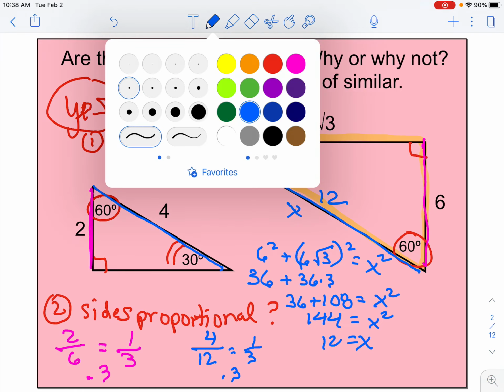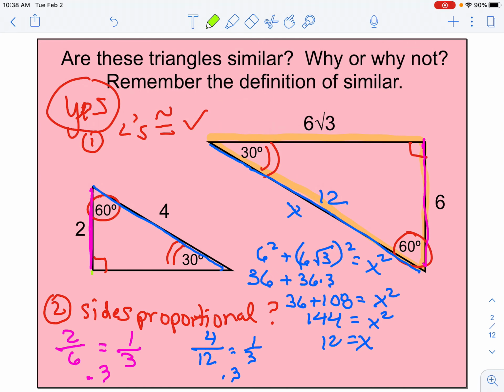Now we need to check the last side here. We need to check this side right here, which I don't know. I'll call it y, compared to this side right here, which is 6 square root of 3. So I'm going to find y. But now I need to find y, and to do that, I'll use the Pythagorean theorem.